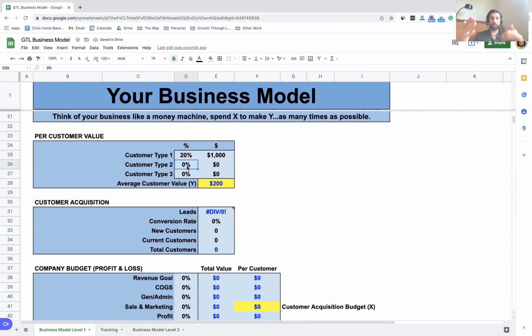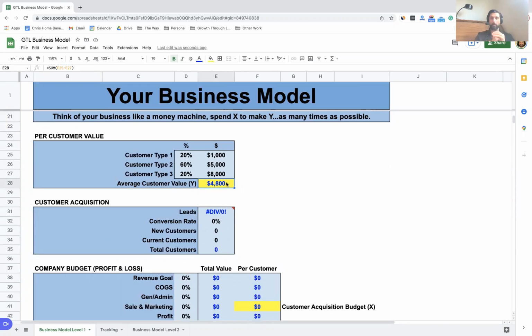I want you to build this just like I'm building it, and then you can go back and build it for yourself. Just follow along this first time so you can understand what's going on, and then you can tweak it for yourself. Let's say 60% of our customers are worth $5,000. Then let's say 20% of our customers are worth $8,000. So we get $4,800. Our average customer value is $4,800.